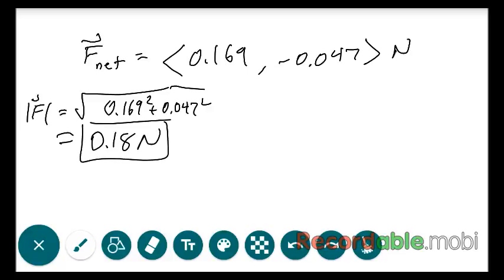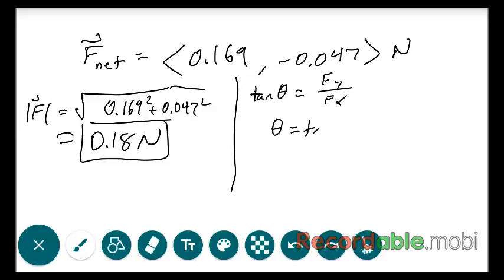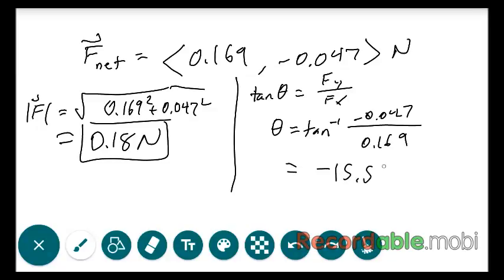To find the direction of that force, we can say tangent theta is equal to Fy over Fx. That'll get you your answer of negative 15.5 degrees. And that is the answer to part A.